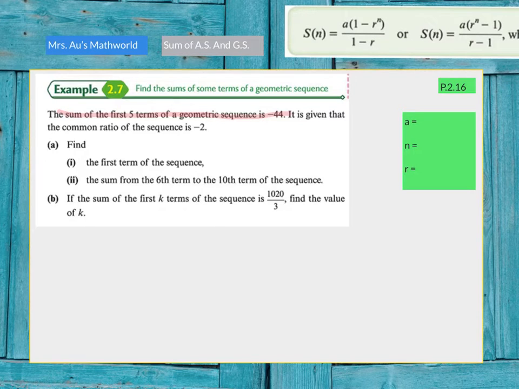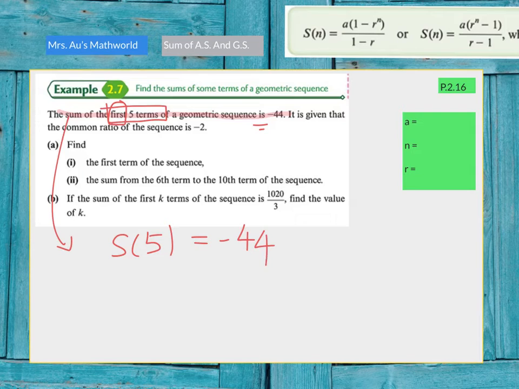So from the first line you are given S5, the first 5 terms, which means from the first to the 5th term, which equals negative 44.